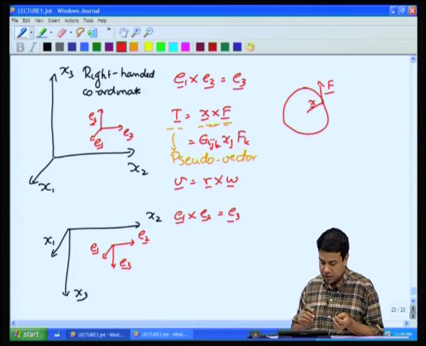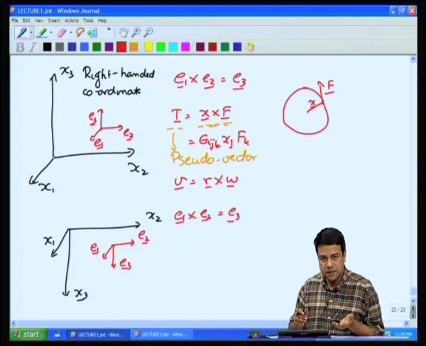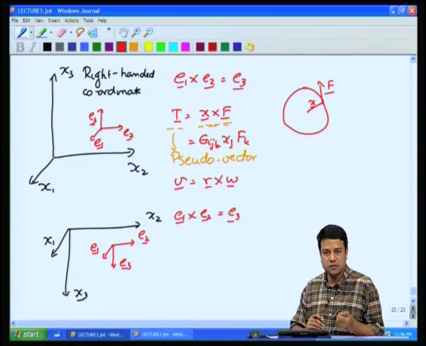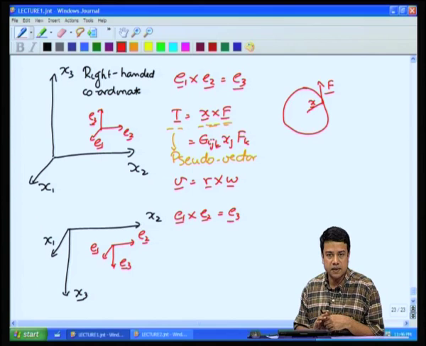In this case, the linear velocity is a real quantity, displacement is a real quantity. So, both of these remain the same when you interchange from right handed to a left handed coordinate system. That means that this angular velocity has to be a pseudo vector whose direction will change depending upon whether you use a right handed or a left handed coordinate system. So, that is something that has to be kept in mind.